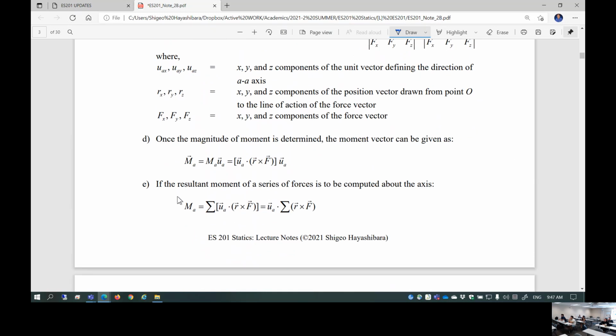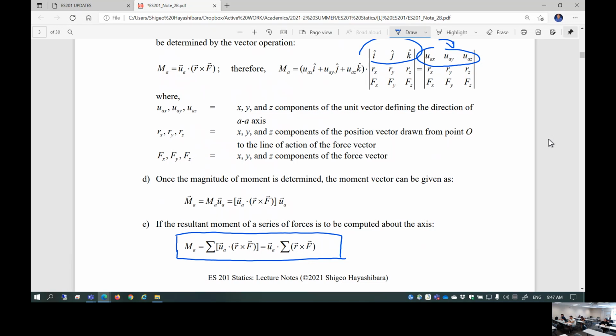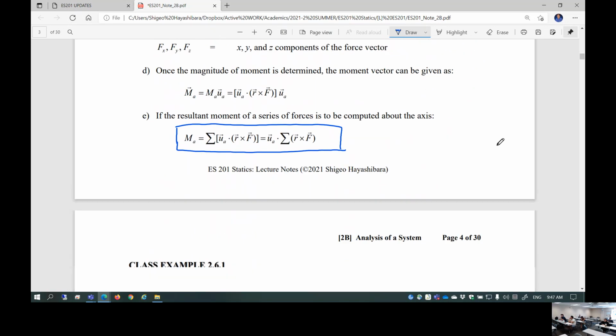In general, if you have multiple forces, you can develop a moment by just adding them all up, a vector summation. Okay. So let's take a look at the example problem. Do you have any question here? So obviously there are two different methods to determine it. One is a scalar method. The other one is a vector method.